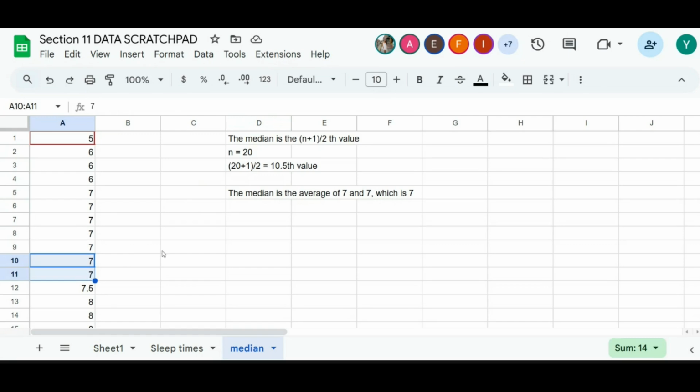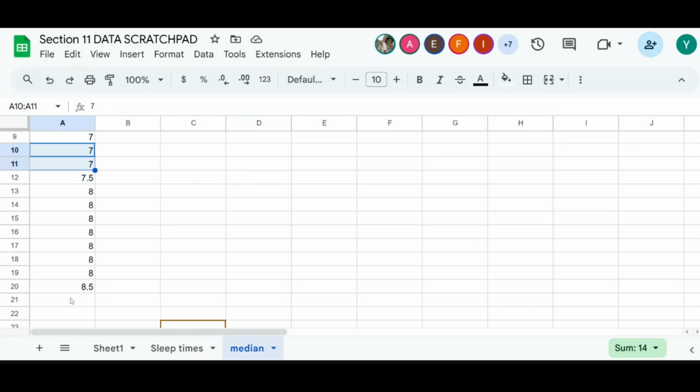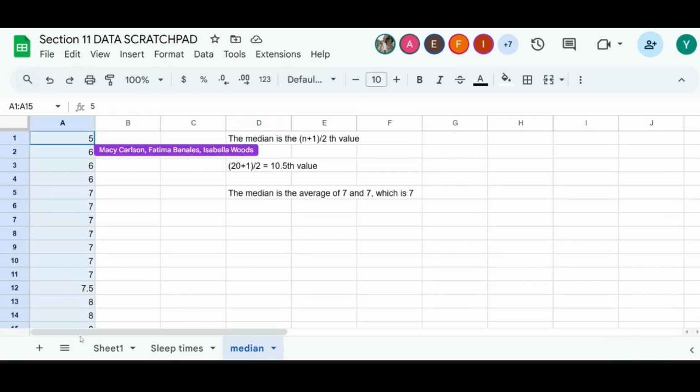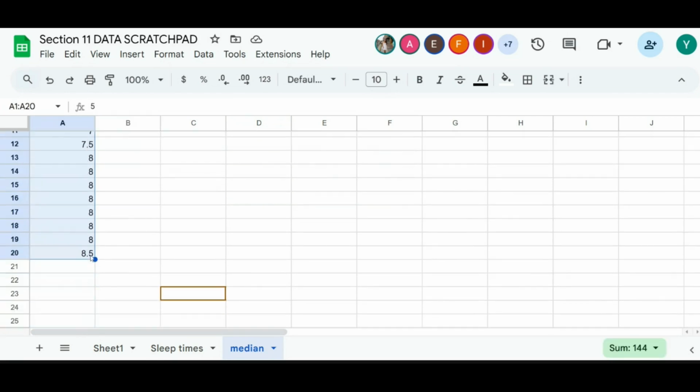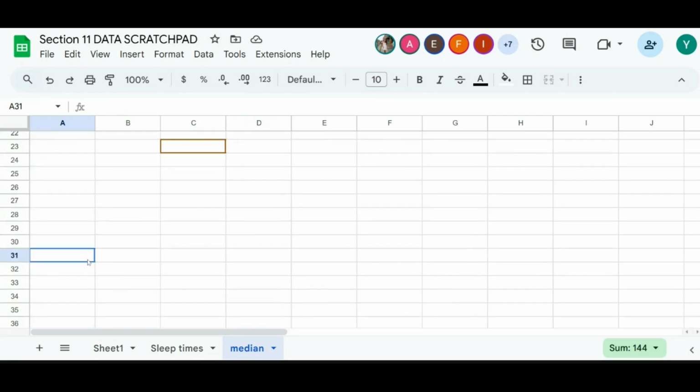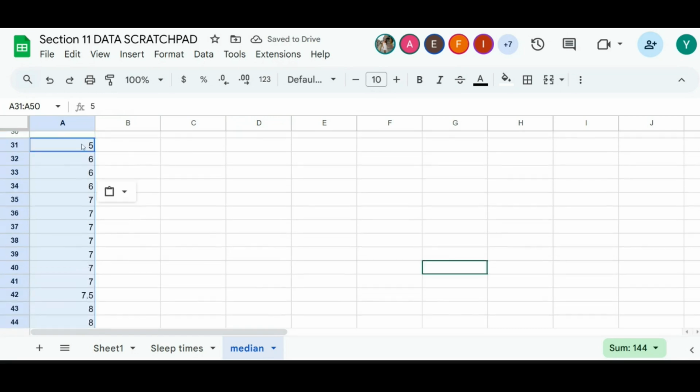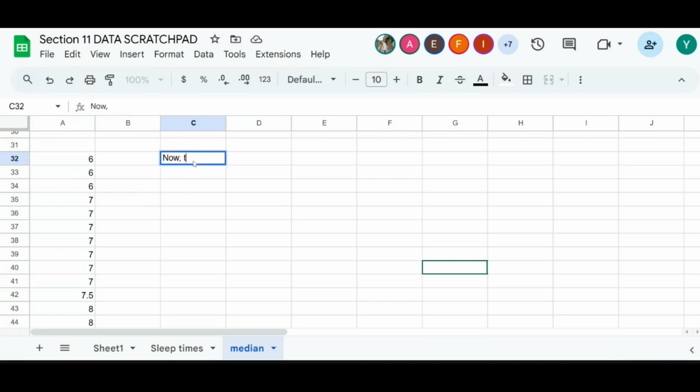Now let's do another one. I know that this class contributed 20 data points, which so happens to lead to this example. What if the data had been this one, and let's say this point is not there. Now, how many data points are there? 19.